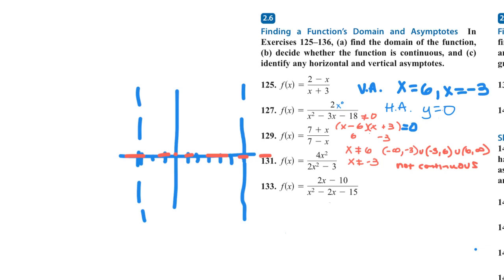If I set my equation equal to 0, there is no 0. Like 2 equals 0 can never happen, which means it never hits the x-axis. So then I would plug in a point in between negative 3 and positive 6, see what's happening in between, plug in a point to the left of negative 3 and a point to the right of positive 6 and see if my curves go above or below.